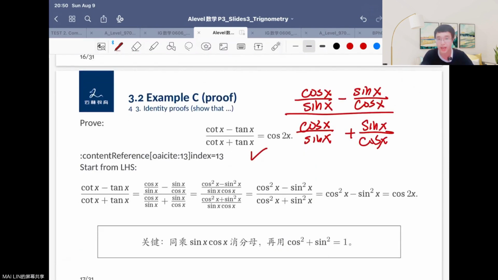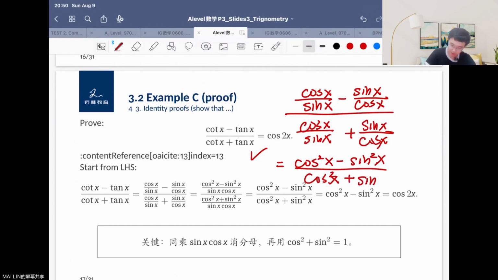Then you can multiply sine x and cosine x on both the numerator and denominator. So that equals cosine x squared minus sine x squared, divided by cosine x squared plus sine x squared. So that becomes cosine x squared minus sine x squared, that is cosine 2x. That is how we calculate this problem.